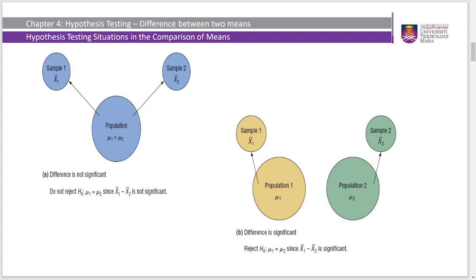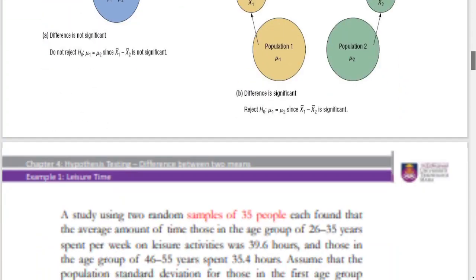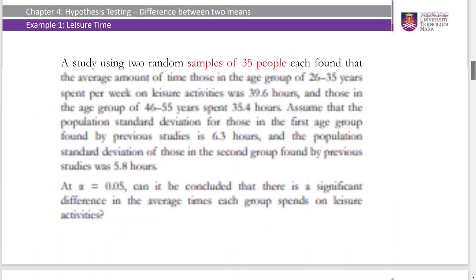However, if we reject the null hypothesis and state that there is a significant difference between the population means, that means they come from different populations. So this is what we are trying to prove. So let's see how we can solve the problem related to this kind of situation.